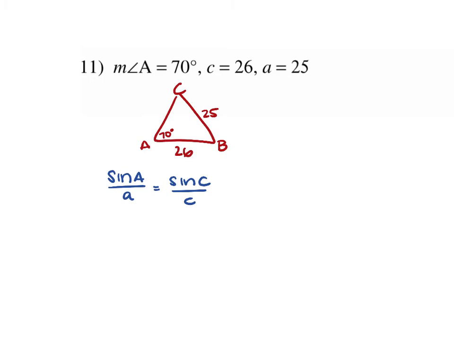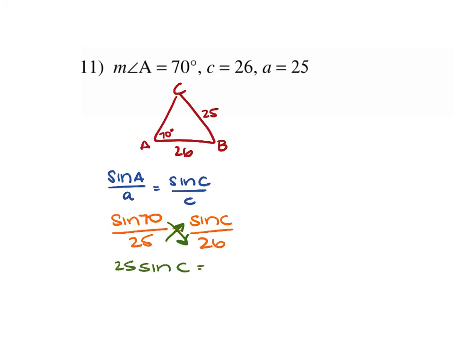We plug in our values. We're going to have sine 70 over 25 is equal to sine C over 26. Cross multiply. So this is going to give us 25 sine C is equal to 26 sine 70. We're going to divide each side by 25. These cancel.